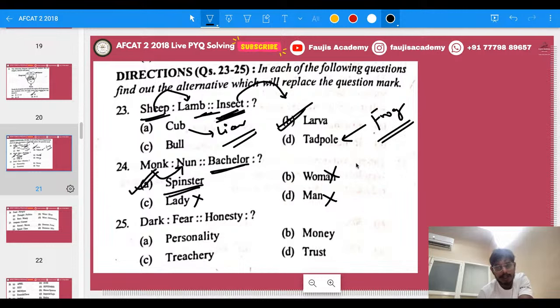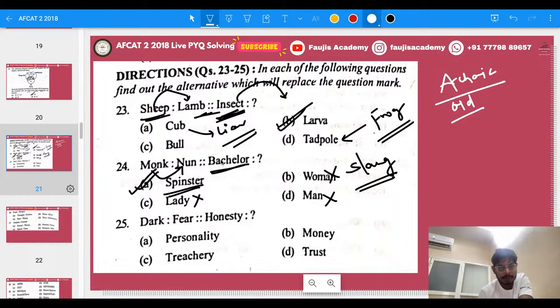It's a very archaic term, an old-fashioned term which we use for a woman who is supposed to get married and is not married. Similarly, bachelor is the male version of it and spinster is the female version of it.